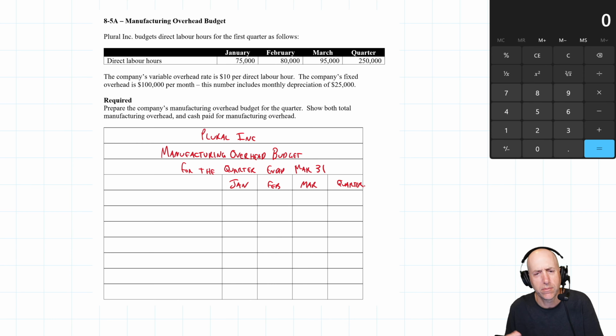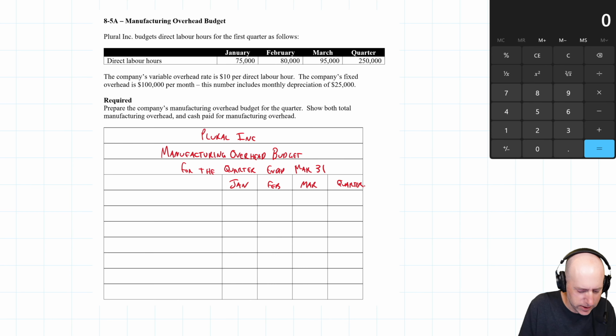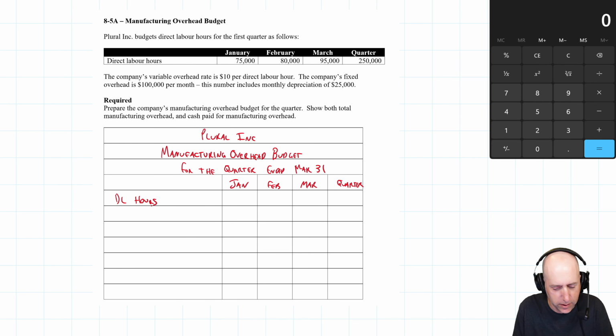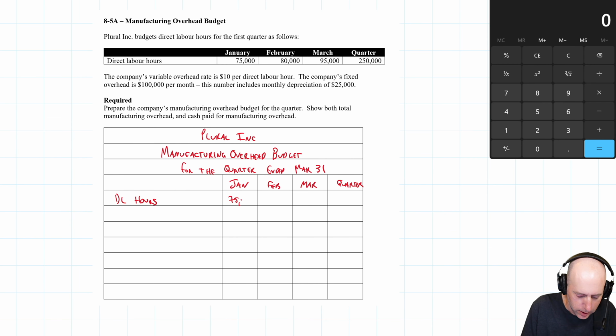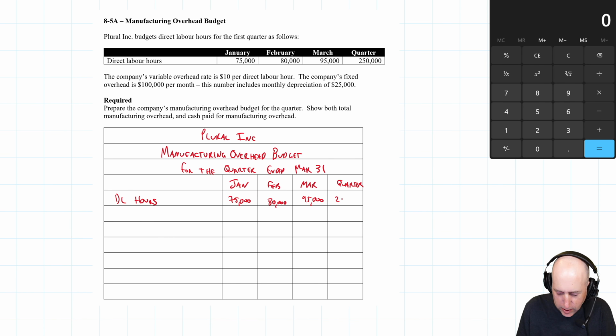And then we just start with what they gave us, and they gave us direct labor hours. Why did they give us direct labor hours? Well, you know and I know it's to calculate the variable overhead. So 75,000, this is a big company, right? If they've got 75,000 labor hours in a month, it's a lot of employees to get to that number.